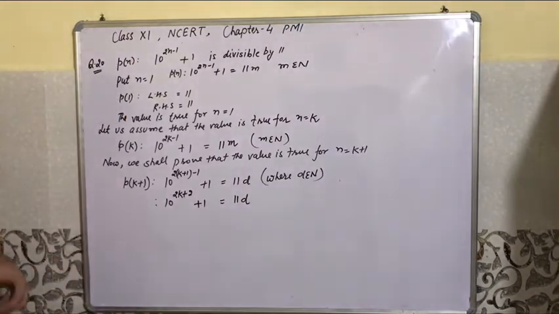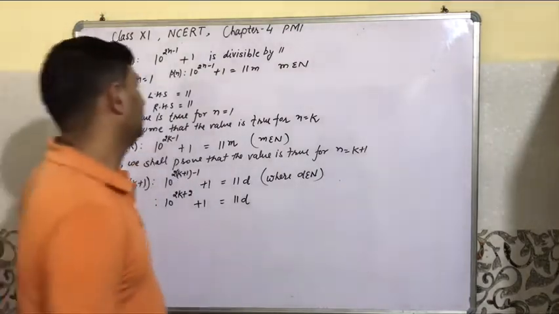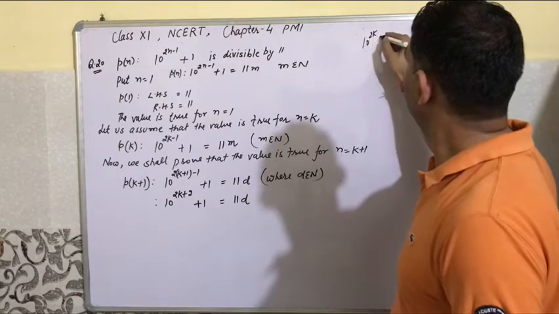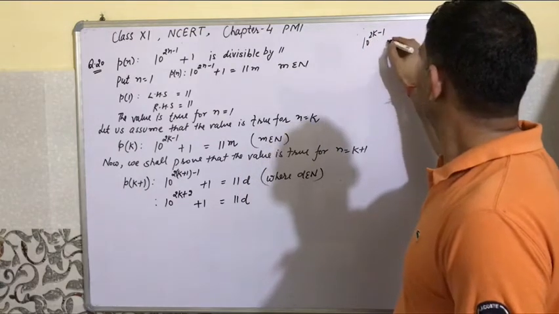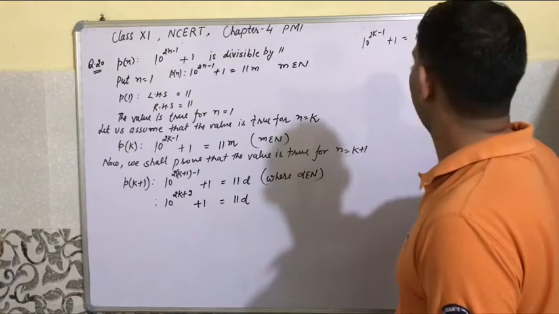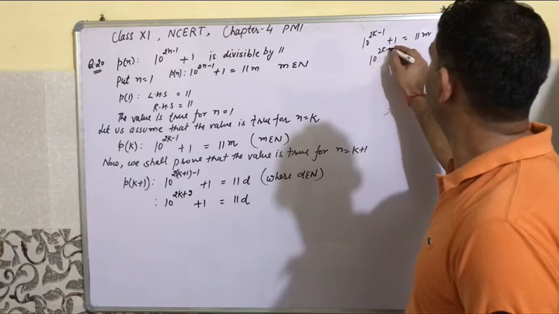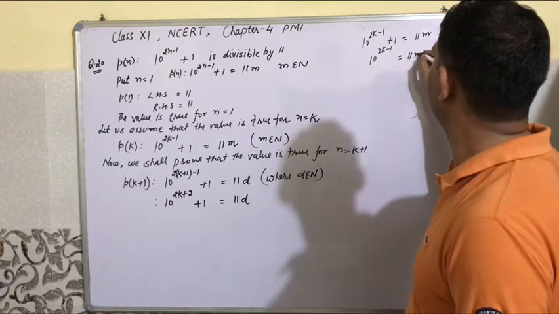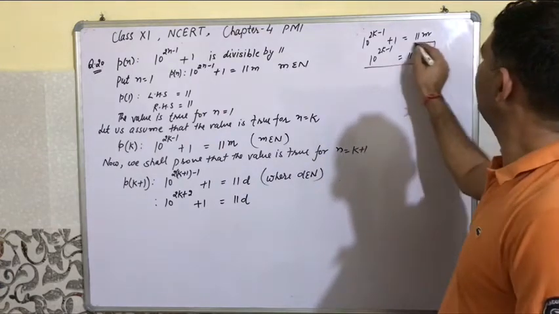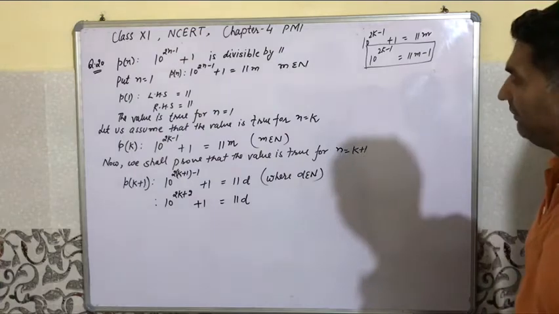We have to prove this is equal to this. See, this 10 raised to power 2k minus 1 plus 1 is equal to 11m. So 10 raised to power 2k minus 1 is equal to 11m minus 1. We found the value of 10 raised to power 2k minus 1 as 11m minus 1.